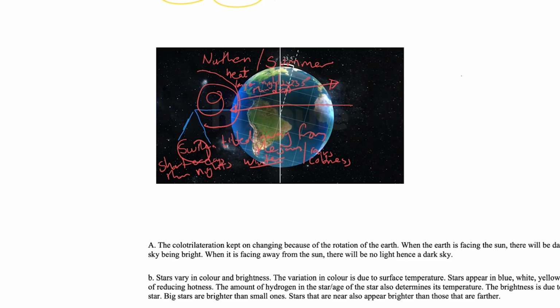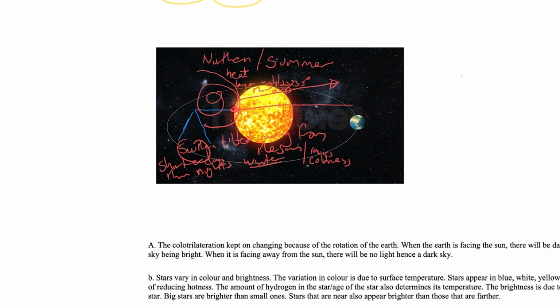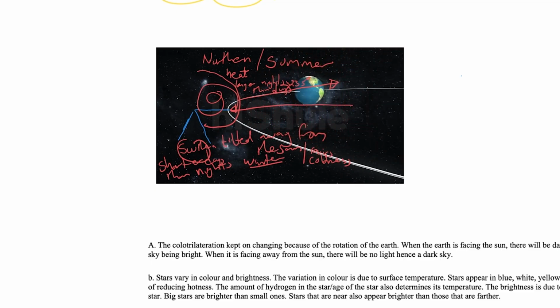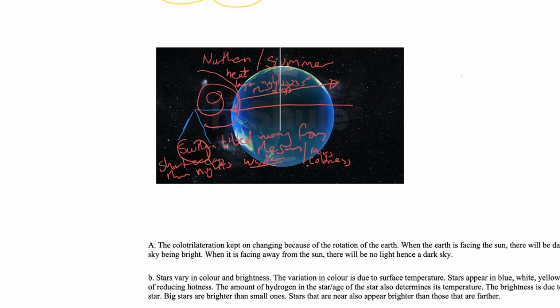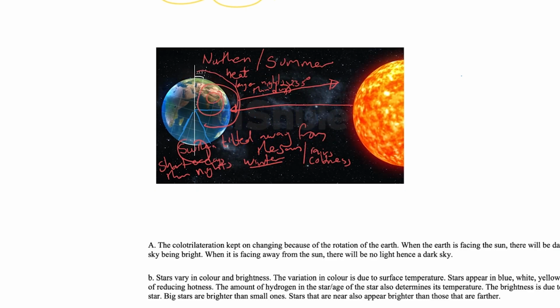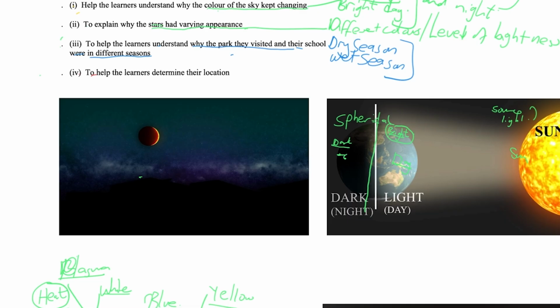So the reason we have a difference in seasons is simply because of the Earth's revolution around the sun, and the inclination or tilt of the Earth on its axis that causes variations in the sun's rays that strike a given area on Earth.